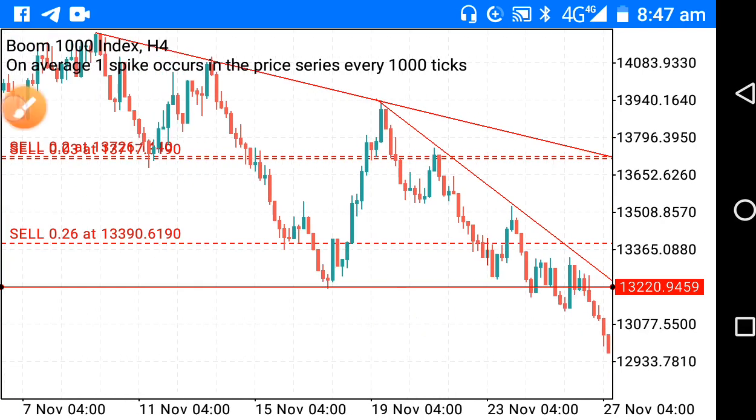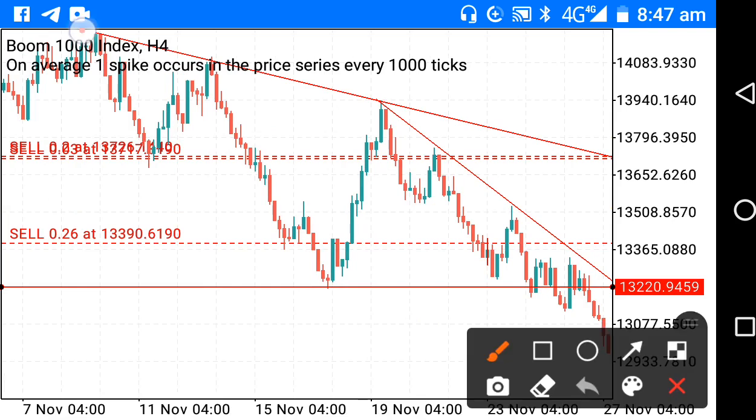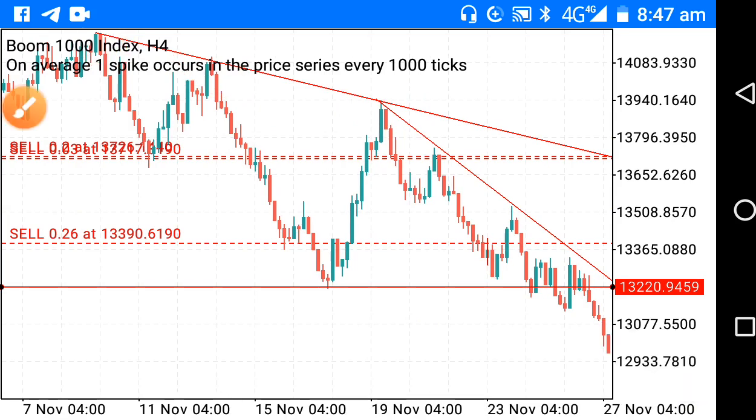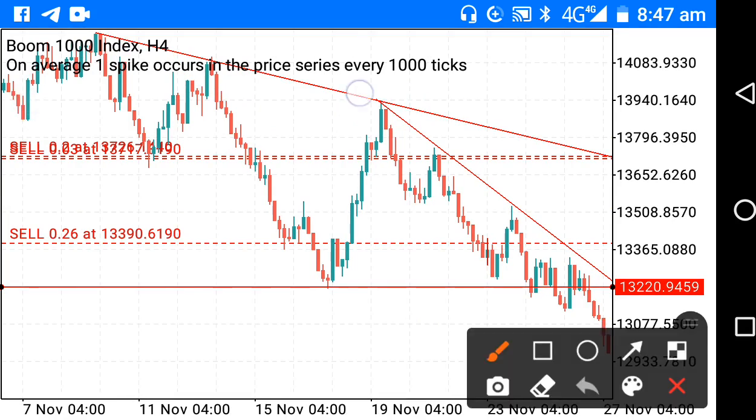And look at this again. We are looking at this outer touch. Now there is another touch you can find here, 1, 2, and 3, this time on the inner trend line. So why is the first trade still running?